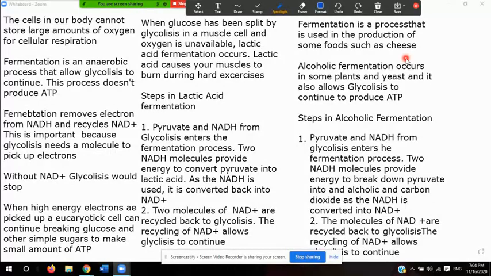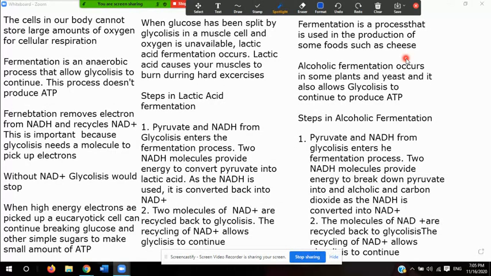And alcoholic fermentation actually occurs in plants and yeasts. And this is very important in, for example, pizza dough, or the yeast that is used to make the dough needs to be fermented in order for that dough to rise.